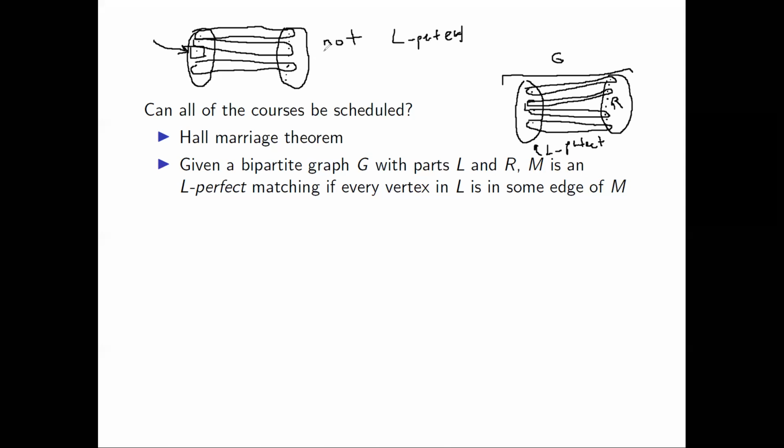And as usual, I'm drawing my matching M just by circling the edges in the matching. And I should have actually drawn the edges there, so I'll put them in there now. Okay.